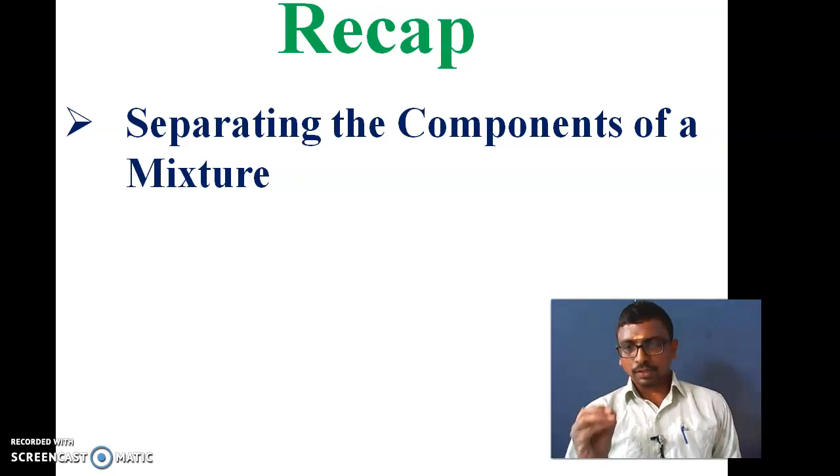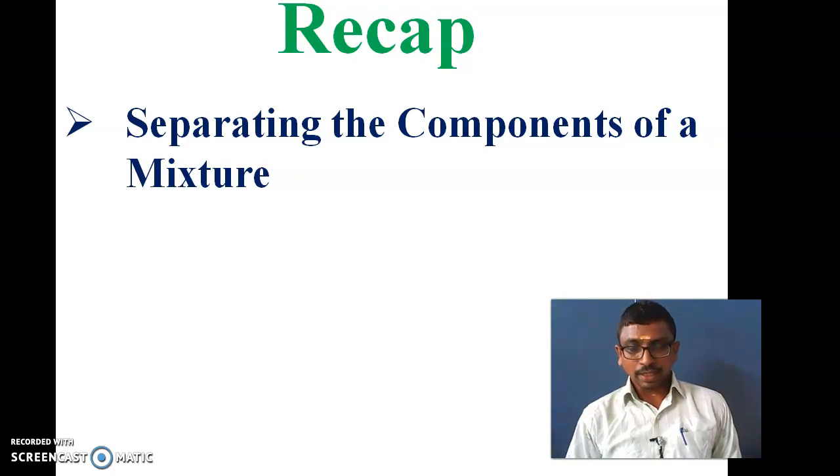For example, for evaporation, what mixtures can we separate in that process? Yes, we can separate a volatile solvent. Solvent means what? Yes, it's a liquid. It's a volatile solvent, for example water.